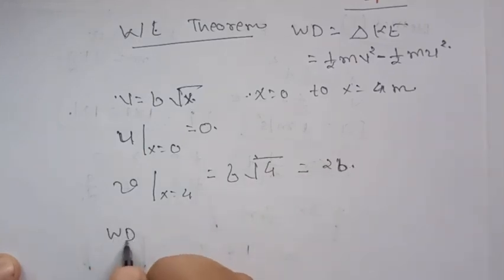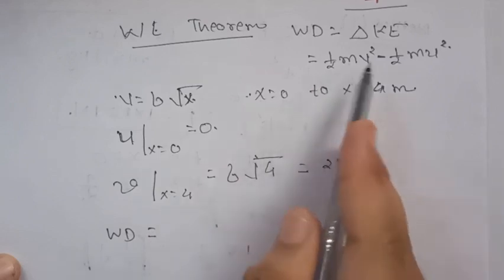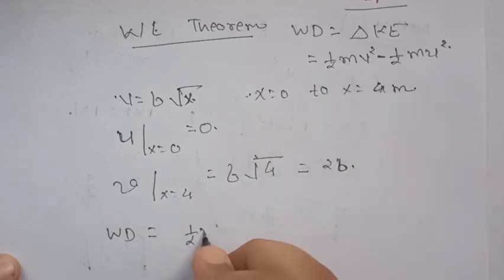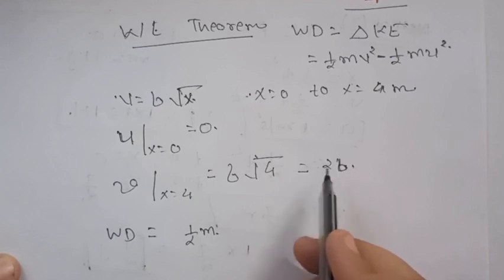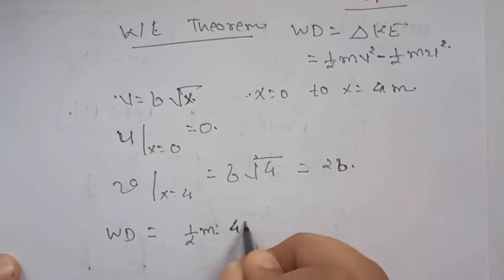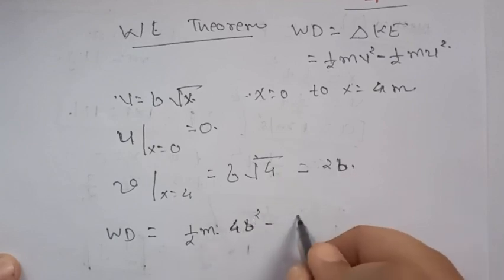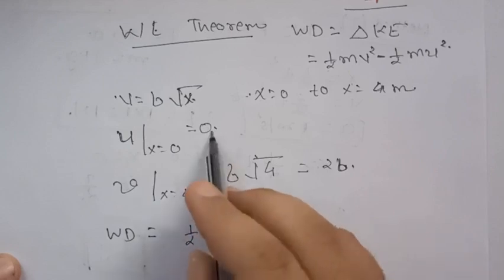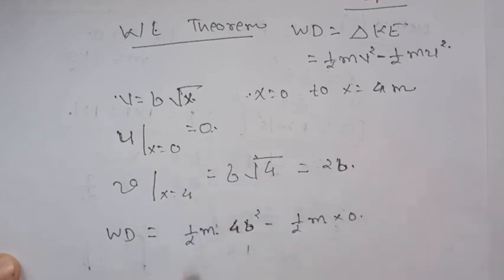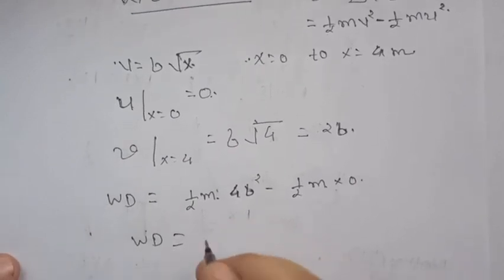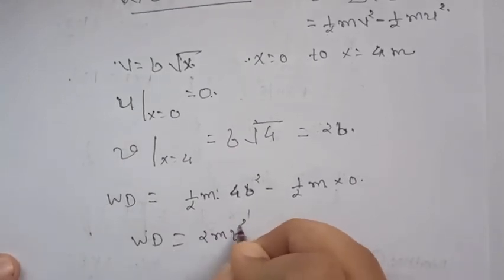So work done will be equal to change in kinetic energy, so half m v square will be 2mb square minus half m u square will be 0. So work done will be equal to 2mb square.